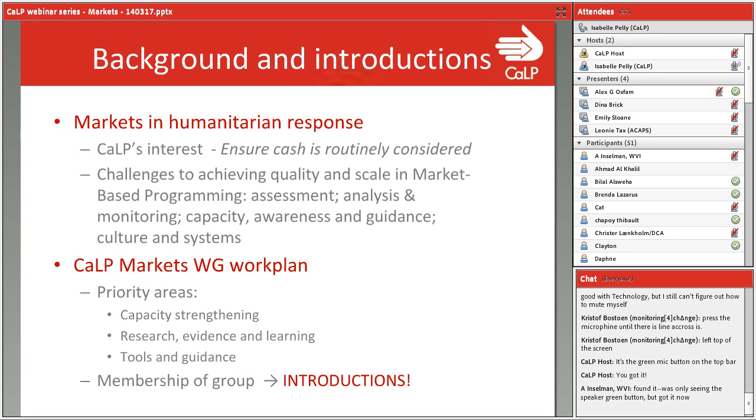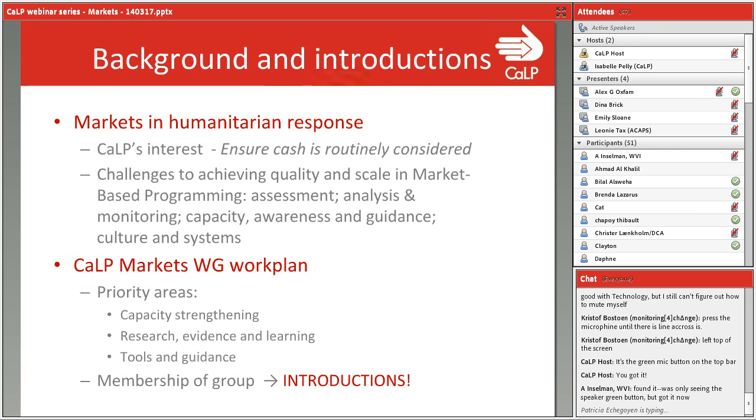And last year, when the technical advisory group of CaLP was formed, we looked collectively at some of the challenges to achieving quality and scale in market-based programming, including cash programming. So we know there are challenges with the systematic use of market assessment and analysis.